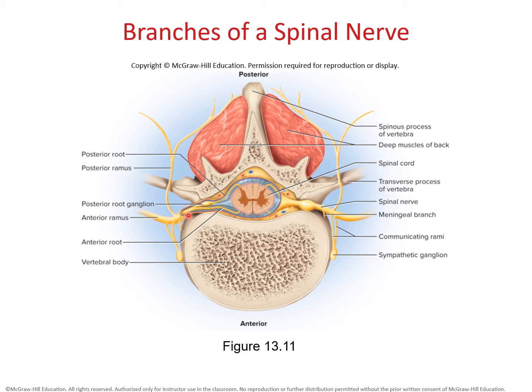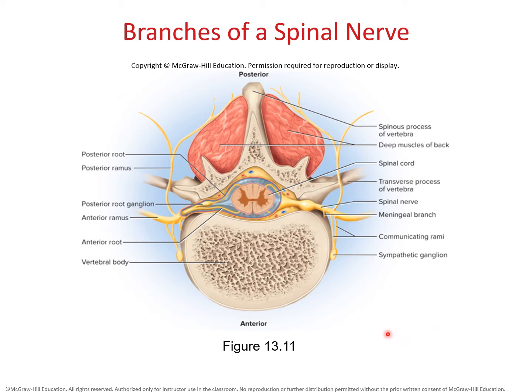Then you have the much larger anterior or ventral ramus, and this anterior or ventral ramus is going to supply all the rest of the body. In the thoracic area, it becomes intercostal nerves. Everywhere else, it joins with others to form a plexus that we're going to talk about.